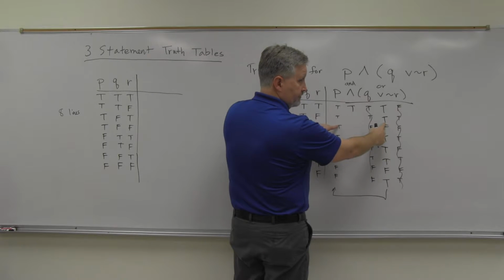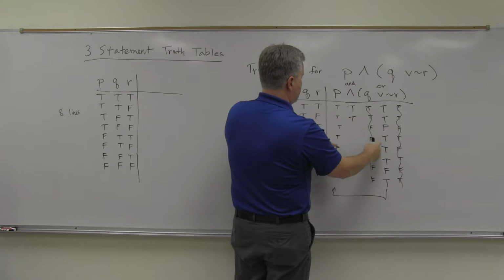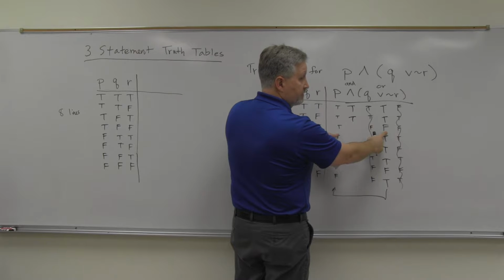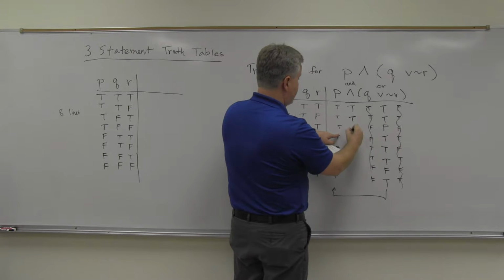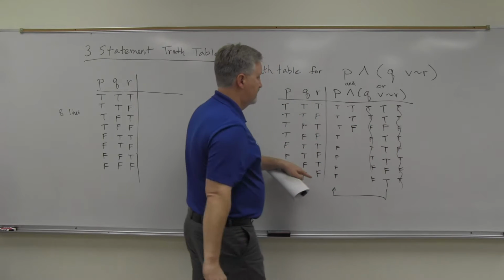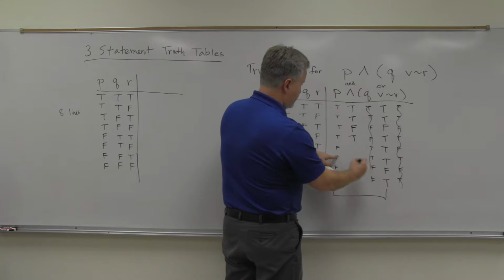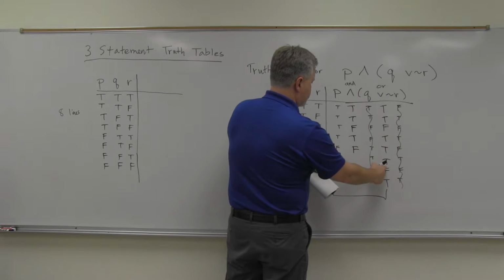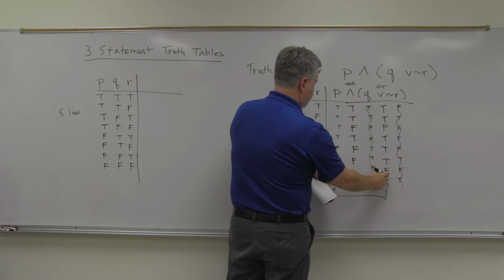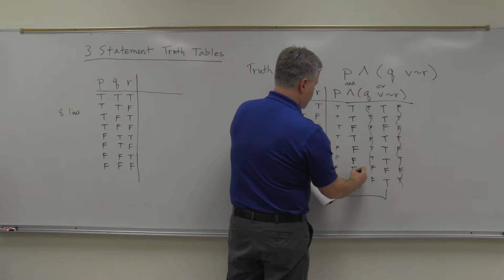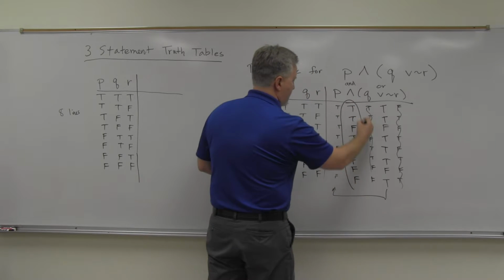True and true, that one is true. True and false, false, because both of them have to be true. We've got another true and true. We've got a false and true, false, false and true, false, false and false, false, and then false and true, also false. So that would be our answer.